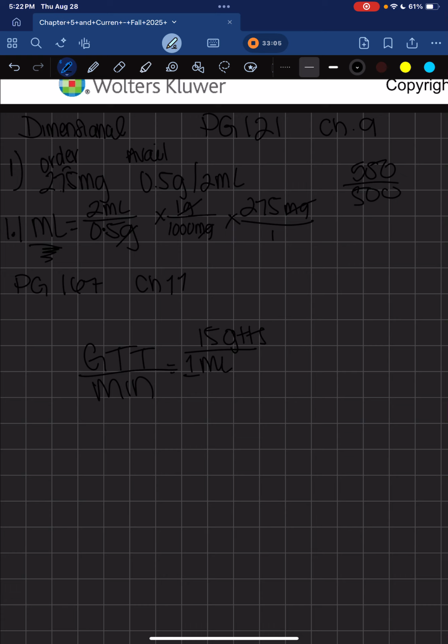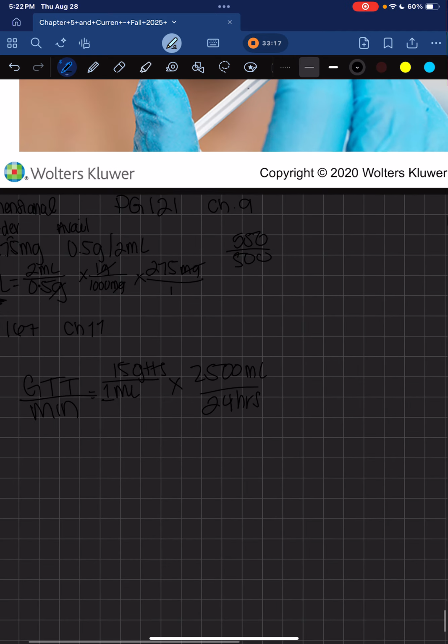2,500 milliliters in what period of time? In 24 hours. Well, now we have a new factor, a new dimension, hours. But hours isn't in our answer. So we have another conversion opportunity, right?